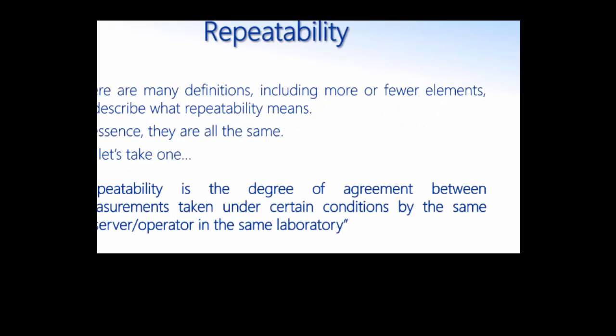We will start first with repeatability, and you can find many definitions of repeatability. Some include more and some fewer elements, but more or less they are all the same.